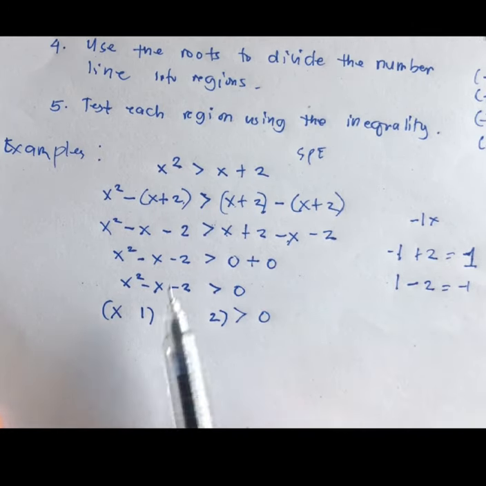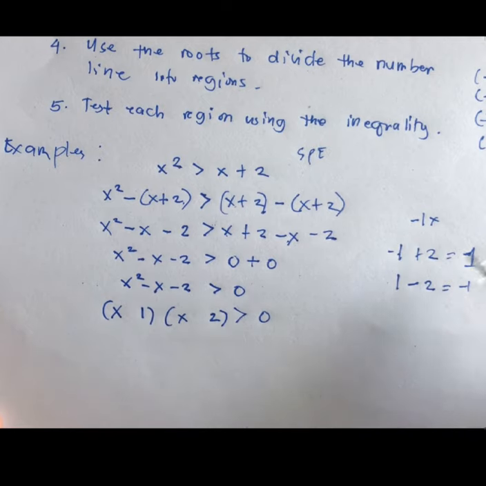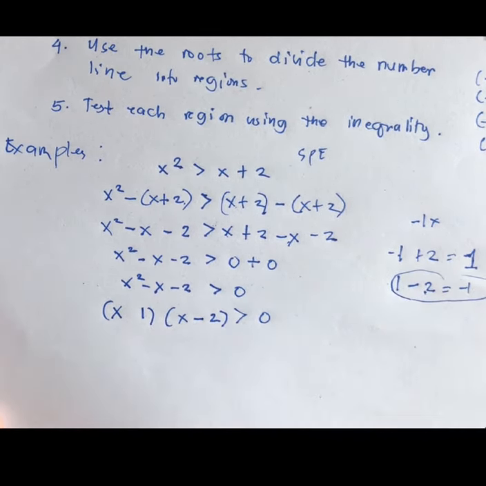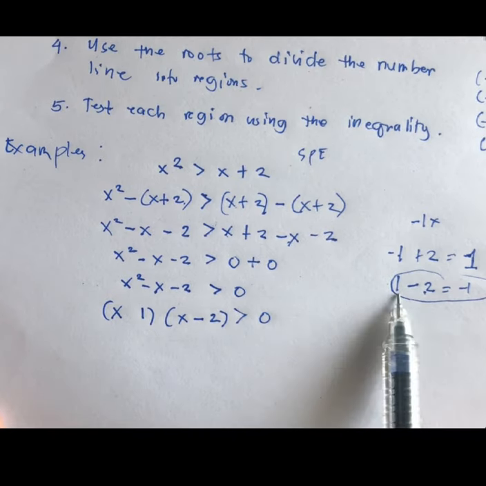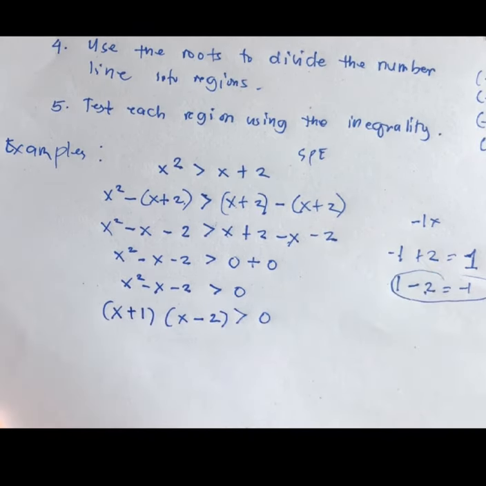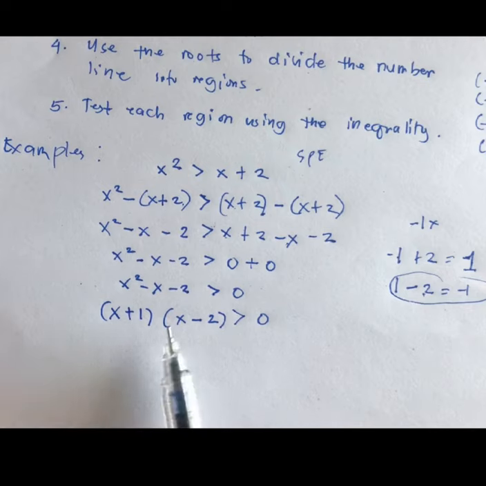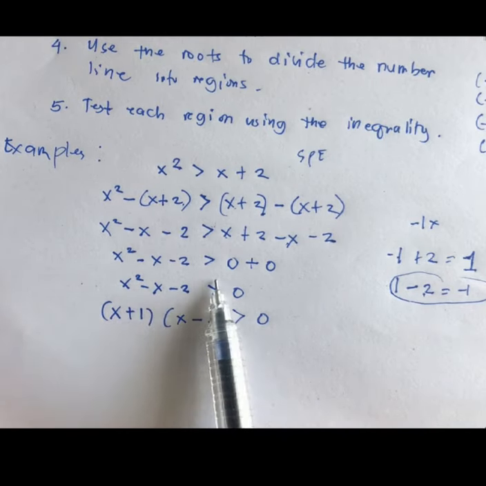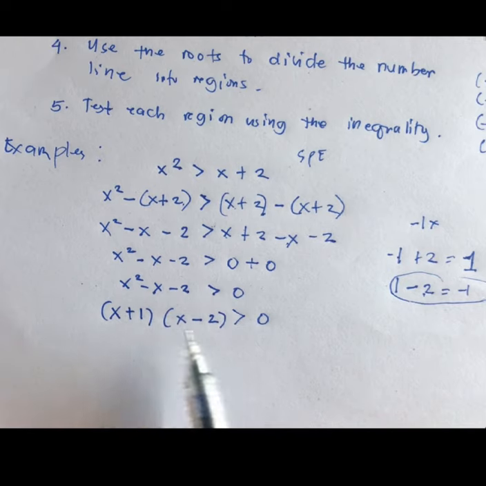Then, it satisfies our middle term. It has negative sign. So, that means si 2 nato mauna ang atong negative and si 1 nato mauna ang atong positive na sign. So, we have here the factor for this. X squared minus x minus 2 is simply x plus 1 and x minus 2.